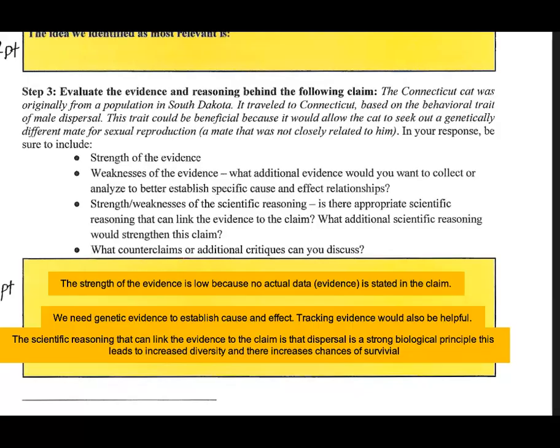The last bullet, the other part of that question is, what additional scientific reasoning would strengthen this claim?